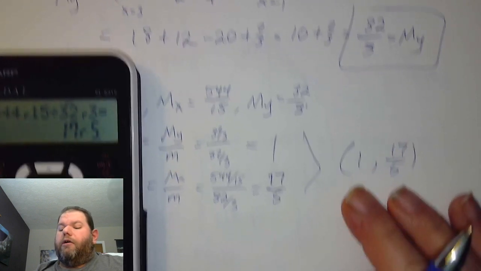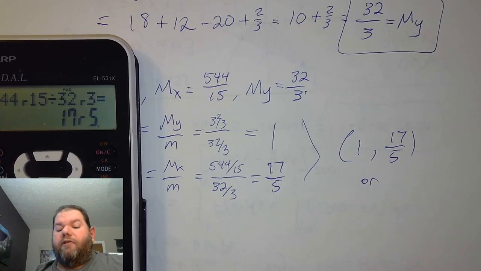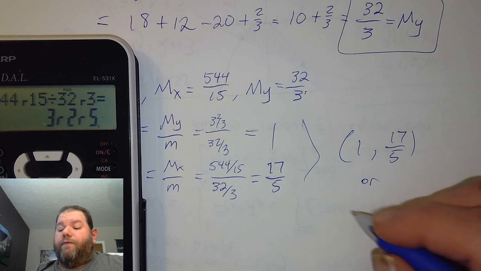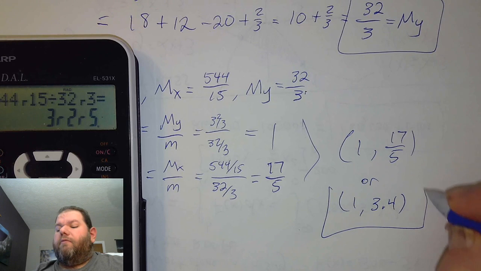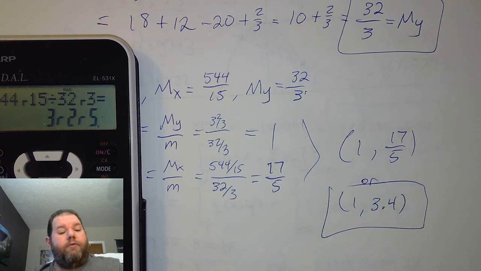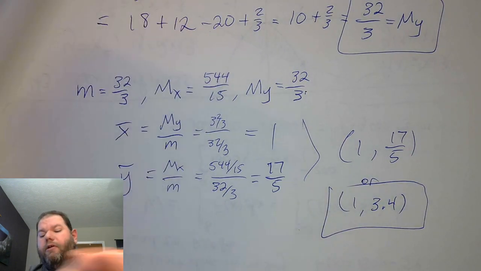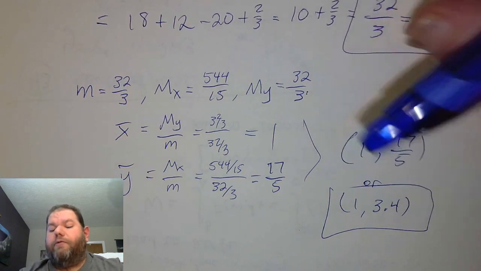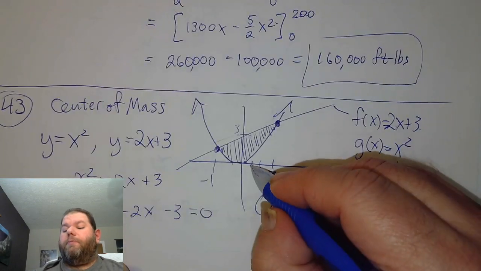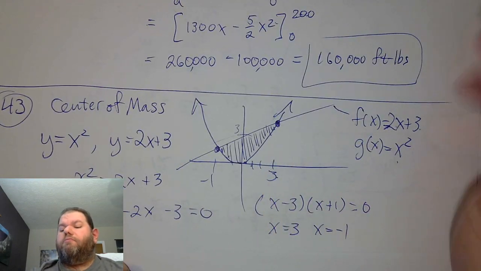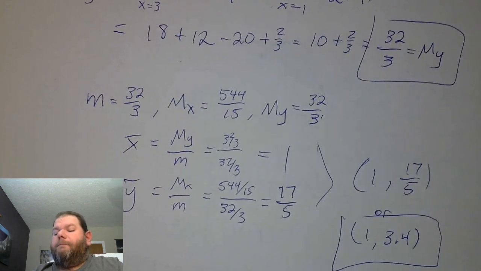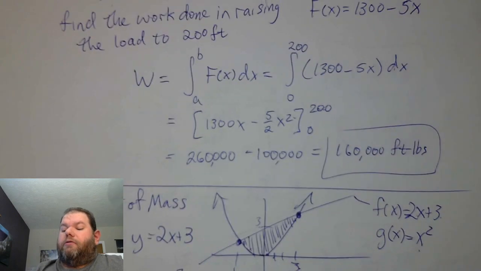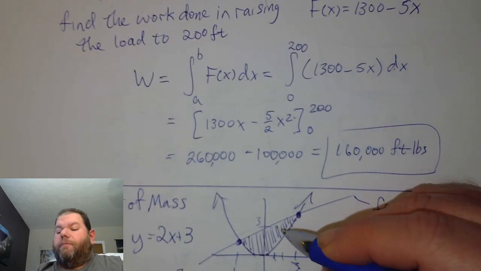Or if you like, instead of saying 17 over 5, we can say 3.4. That might make better sense from a visual standpoint as far as looking at what it is on the graph. So 1 comma 3.4, if we look at the graph, 1 would be here, and 3.4 would be somewhere up in here.